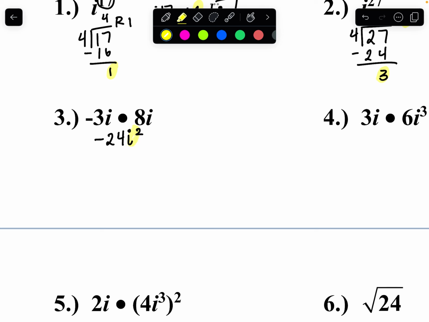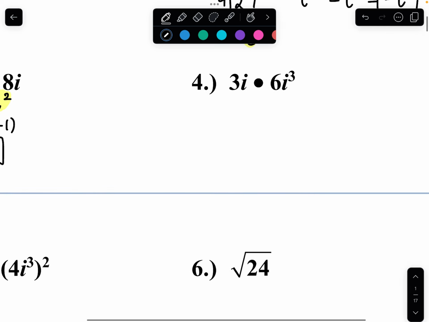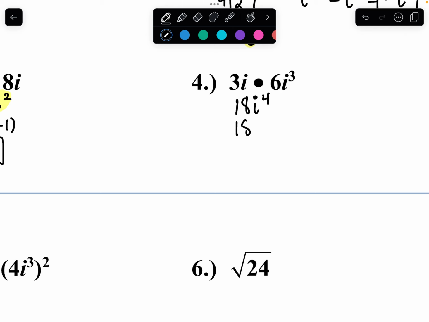But you have to remember, every time you see an i squared, that's equivalent to -1. And so this is really just positive 24. Over here, same thing, 3 times 6 is 18, and then we would have i to the 4th. We know when we see i to the 4th, that's the same as positive 1 from the work we did above. And so this simplifies to 18.